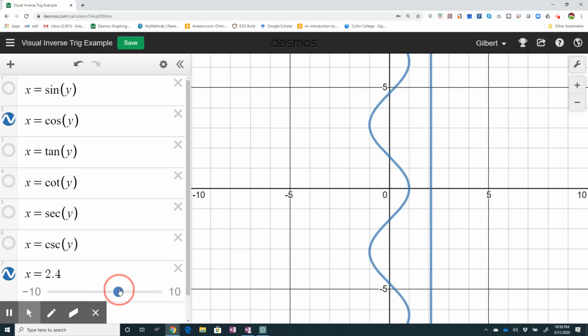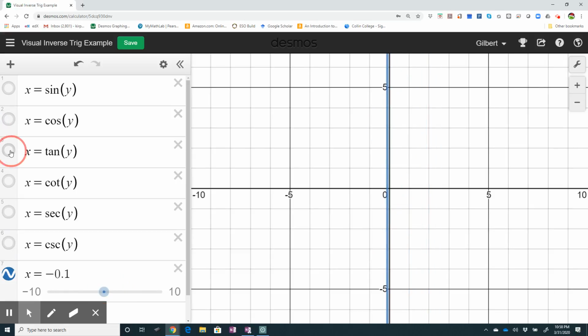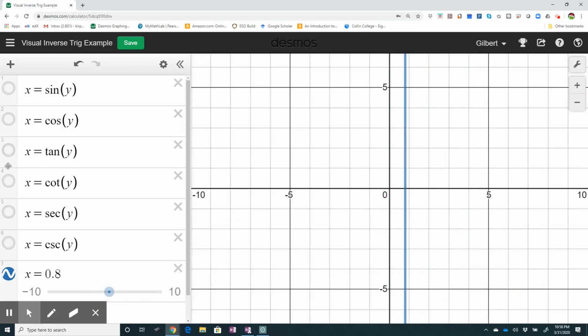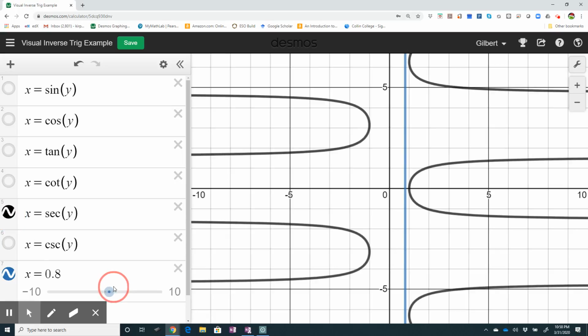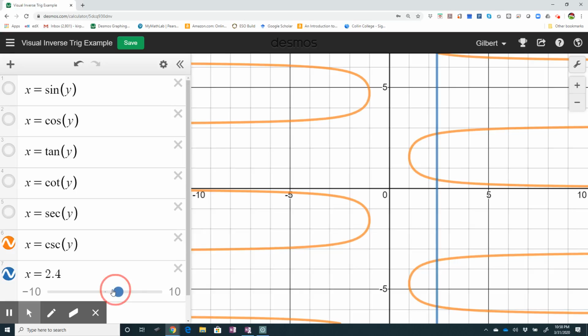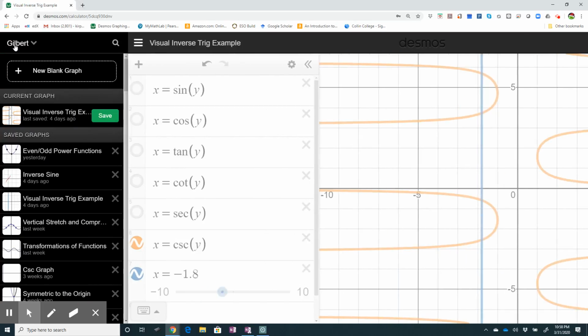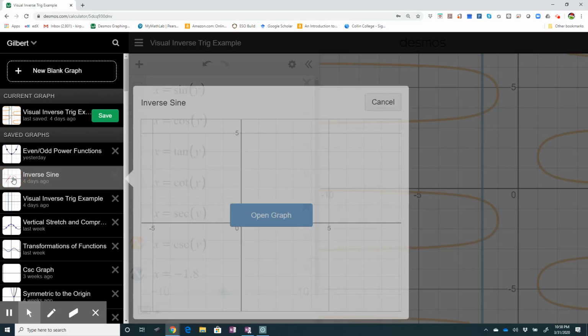That's not a function. Same thing with tangent. That is definitely not a function. Fail. Fail. Fail.